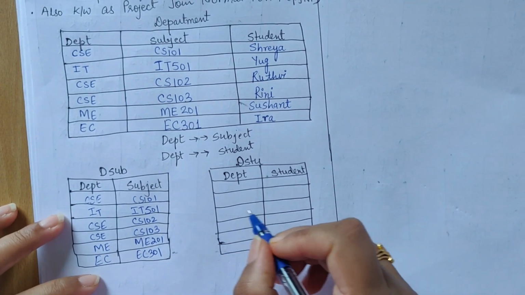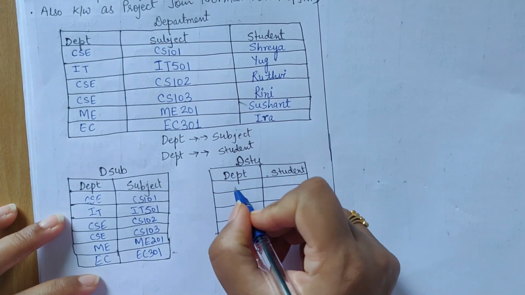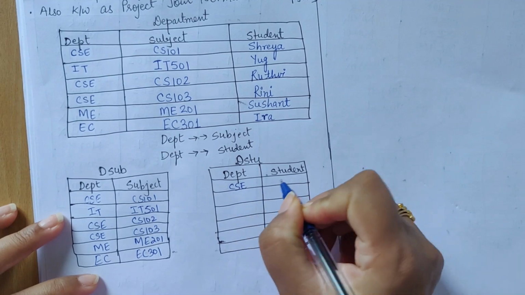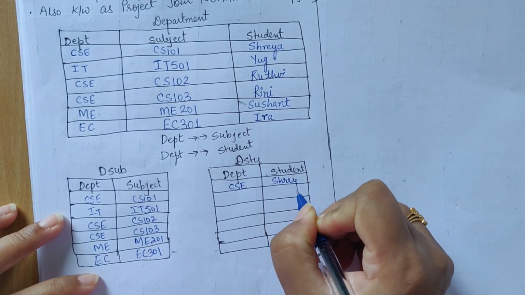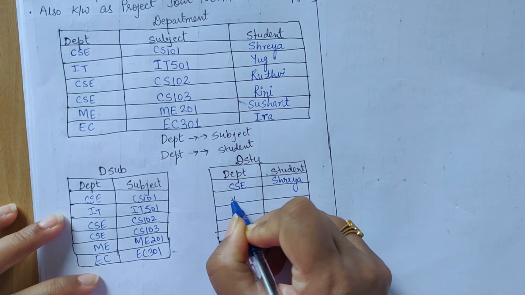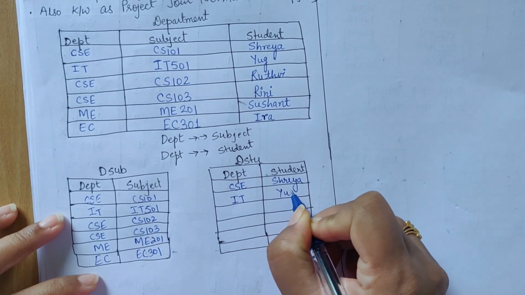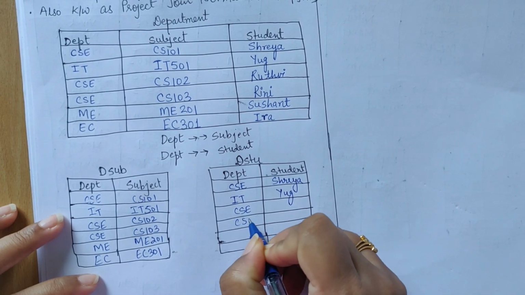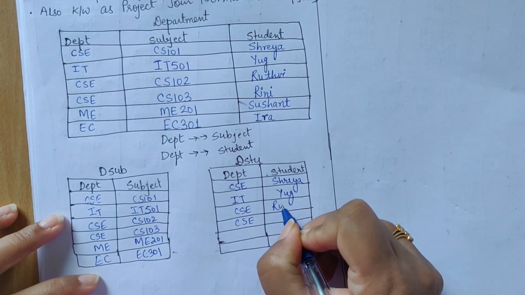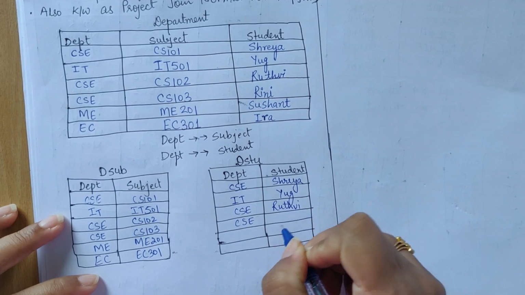Now similarly, if I see department and student, for CSC the student name is Shreya, IT Yug. There are two again, CSC, Rutvi and Renee.